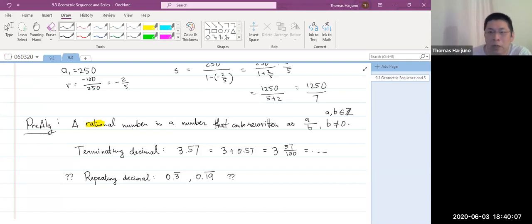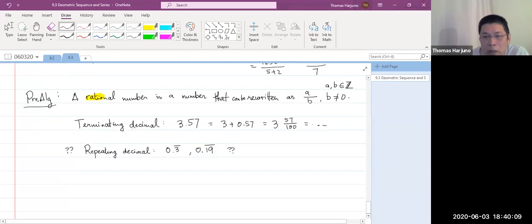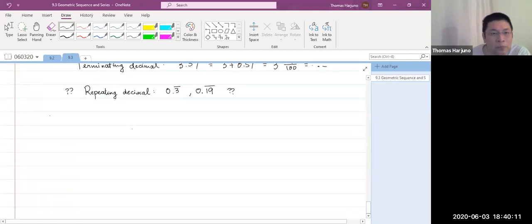Okay, now I will do it with a textbook way first, 0.3 bar. Notice that I can rewrite this as 0.3 plus 0.03 plus 0.003 and on. Right?